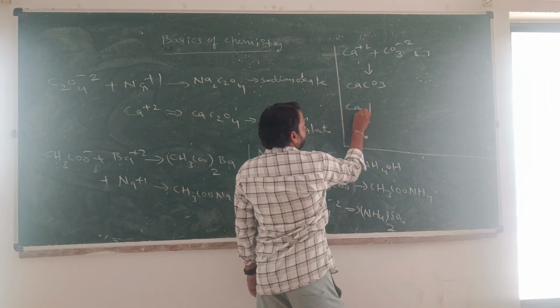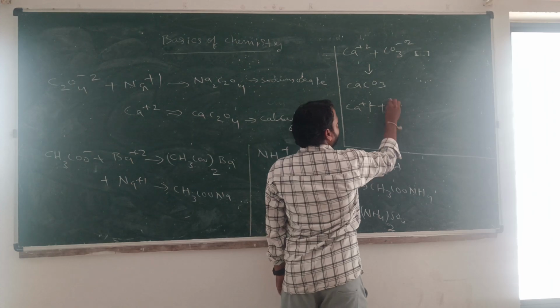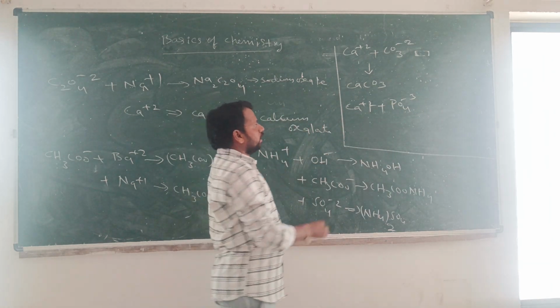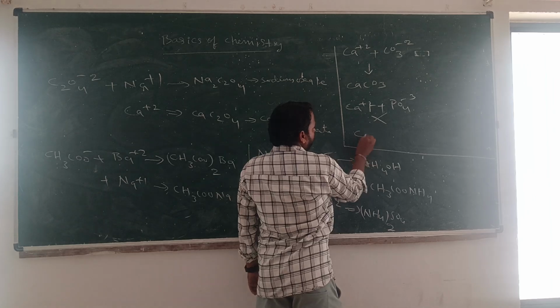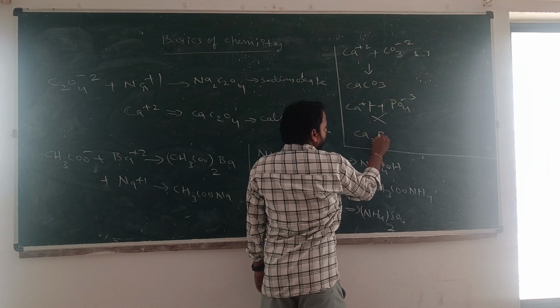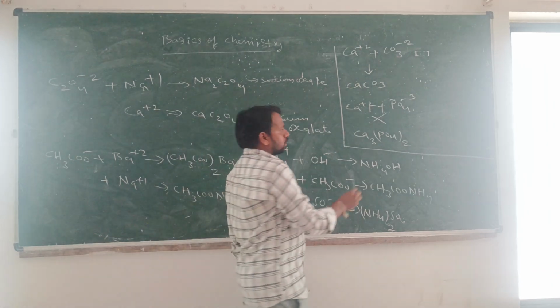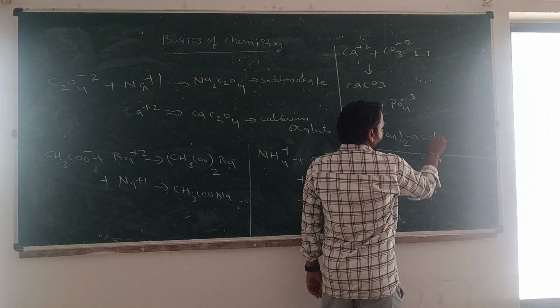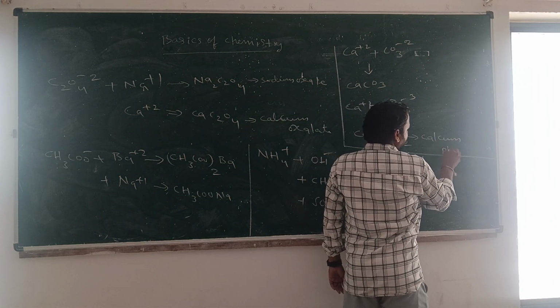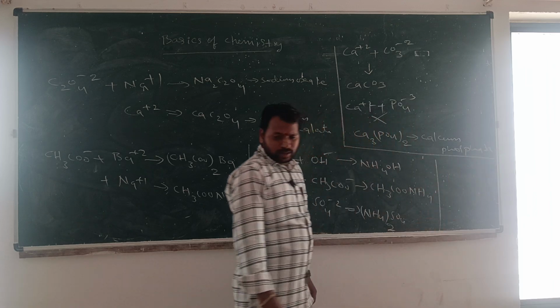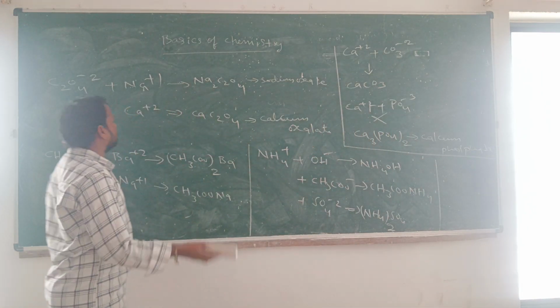If I am writing Ca2+ with PO4 minus 3, after crisscross formulation we get Ca3(PO4)2, calcium phosphate. Let me see some more formulas.